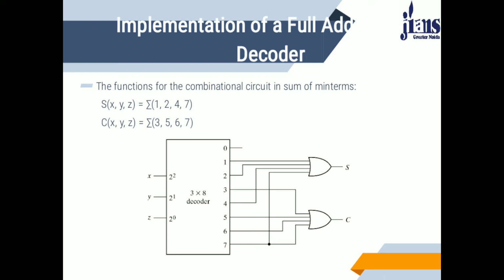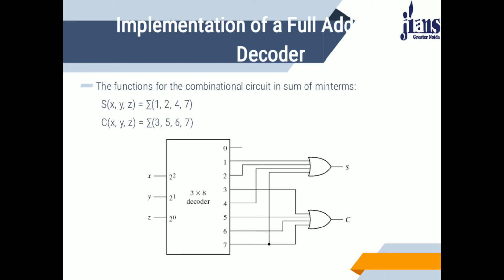So we don't need to make a K-map, we just need to use two OR gates. One adds all the high lines for sum, and another connects all the high lines for carry. Here you can see that many lines are not connected to the OR gates, so leave them as they are.